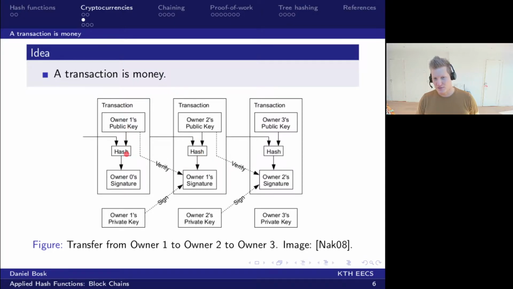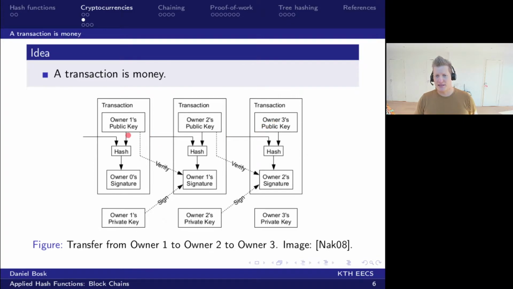So this one goes to another owner. So it's this owner of a transaction that can actually use it. So the way this works is that this figure is transactions transferring from owner 1 to owner 2 and then to owner 3.